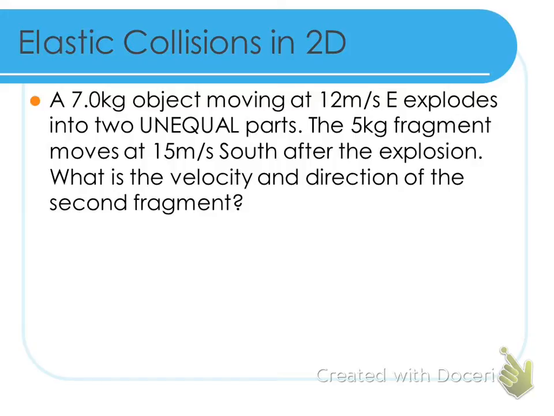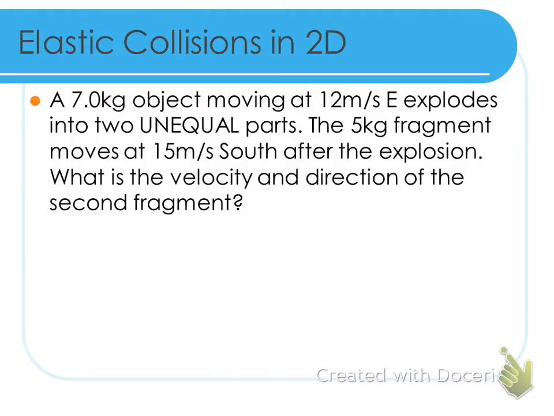This is almost the exact same setup as the one that we just went through from the CK12 assignment. Let's try this one on your own since we just went through one like this, okay? It says it's a 7-kilogram object moving 12 meters per second east, explodes into unequal parts. It tells you the mass of one. You have to then find the mass of the other, obviously. I want you to go ahead and try this one on your own.